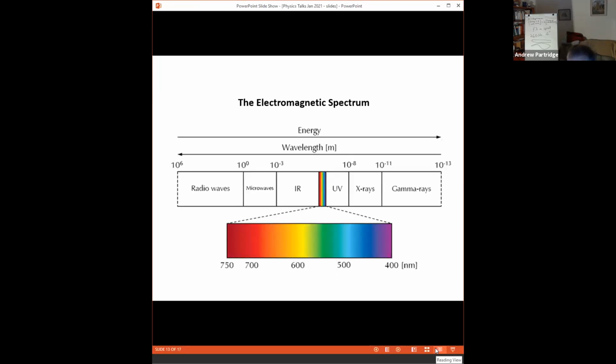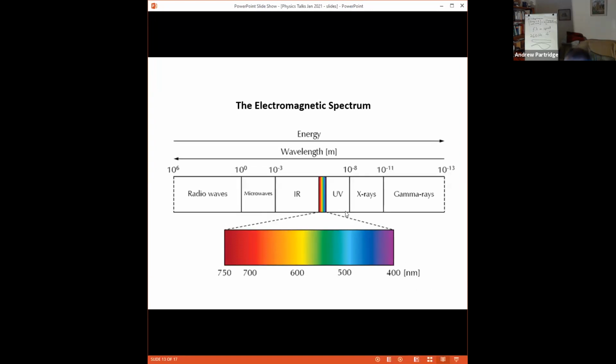You can have them 32 feet long to a fraction of an inch long, low notes and high notes. Light is in here at just less than a millionth, that's 10 to the minus 6, one over a million here. This shows the wavelength, and it's a very, very short band.